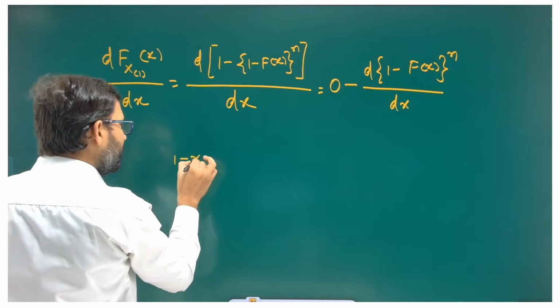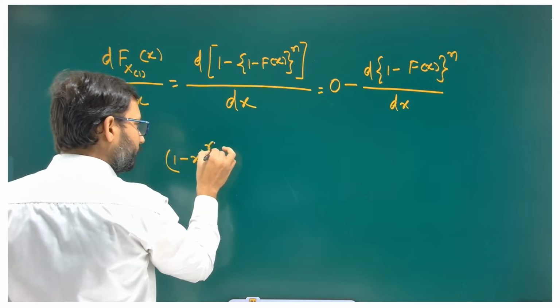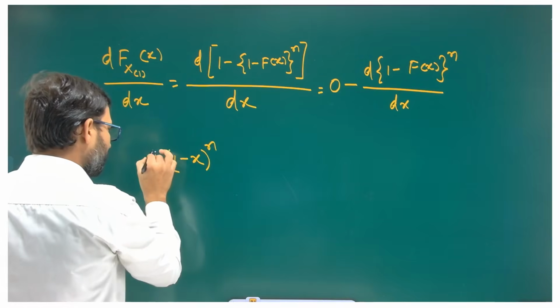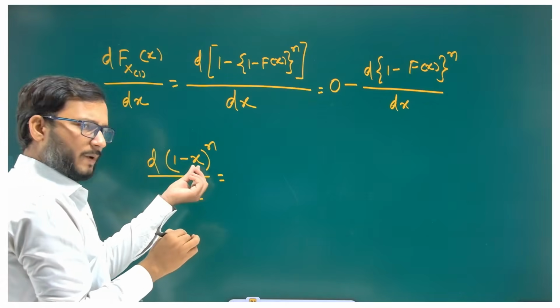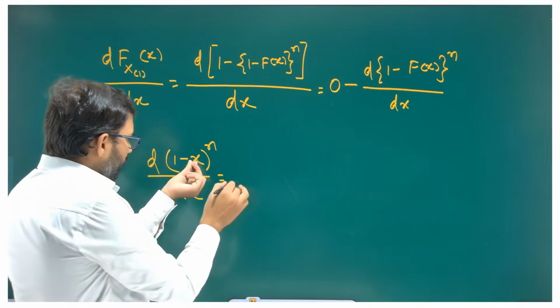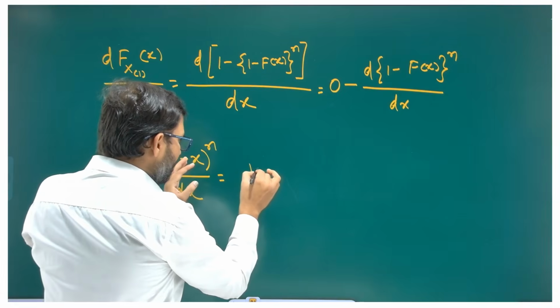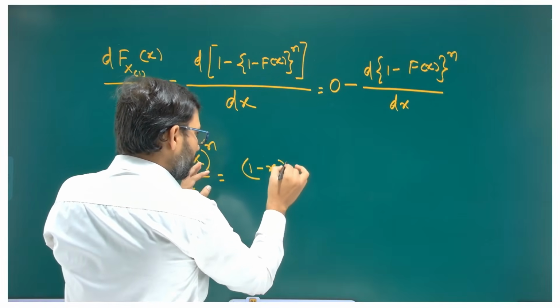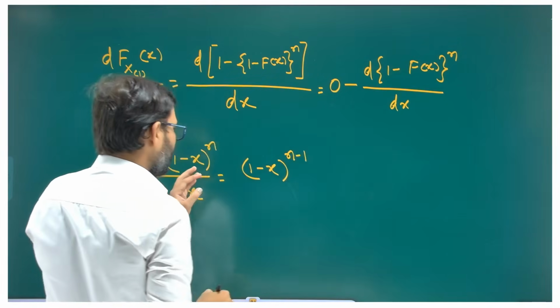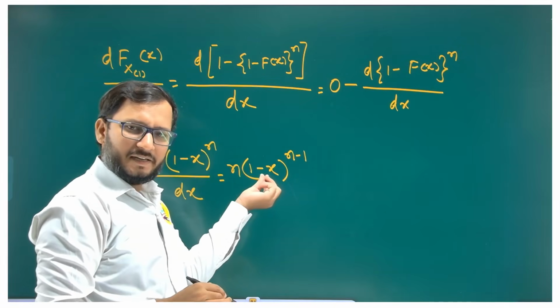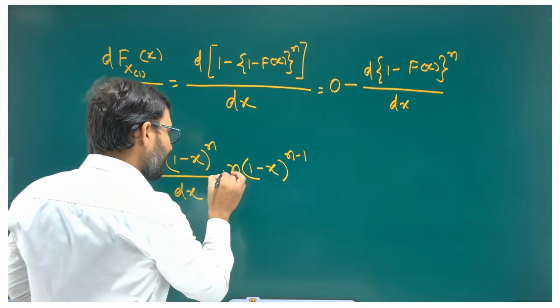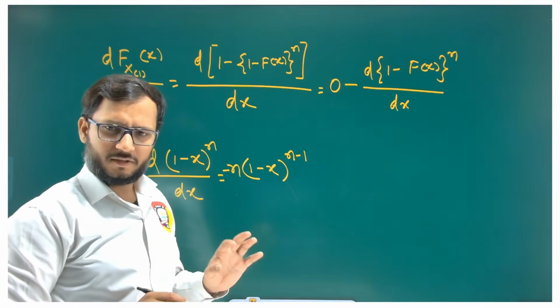If I have to differentiate 1 minus x to the power n with respect to x, what we do is write 1 minus x to the power n minus 1, and n should be before. But because the minus sign is there, I put a minus sign here as well. This is the way.